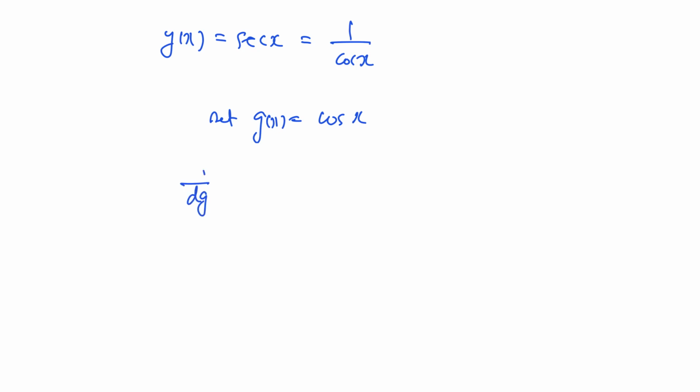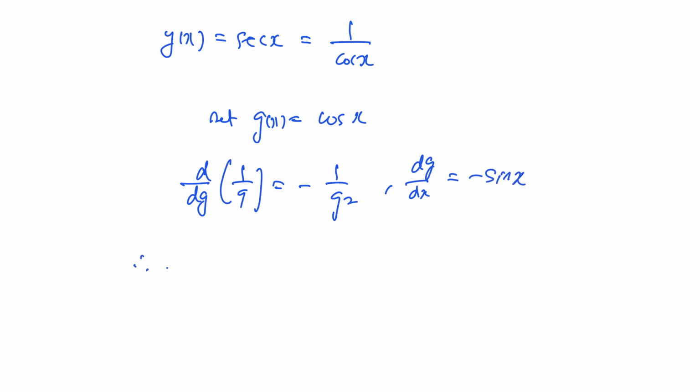So for example, y of x is secant x, which is 1 over cosine x. So we can set g(x) as cosine x. d/dg of 1 over g is minus 1 over g squared, and dg/dx is minus sine x.